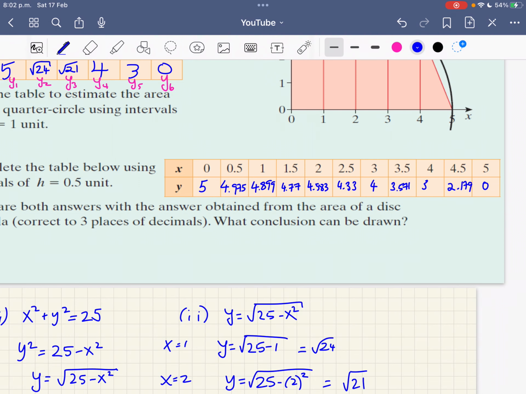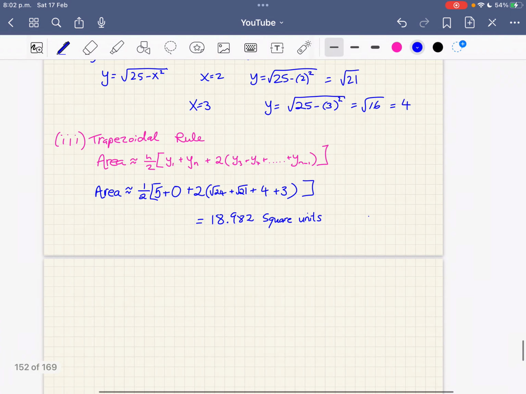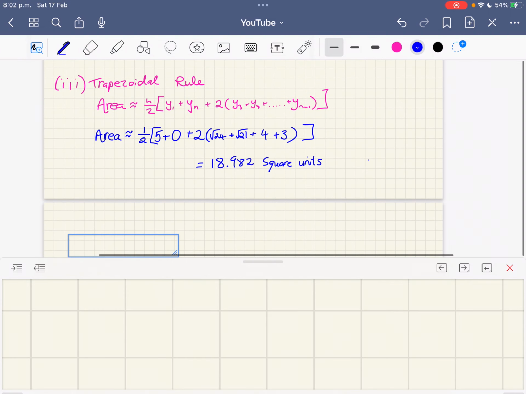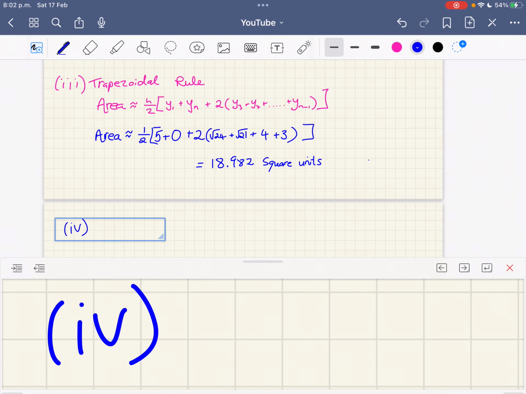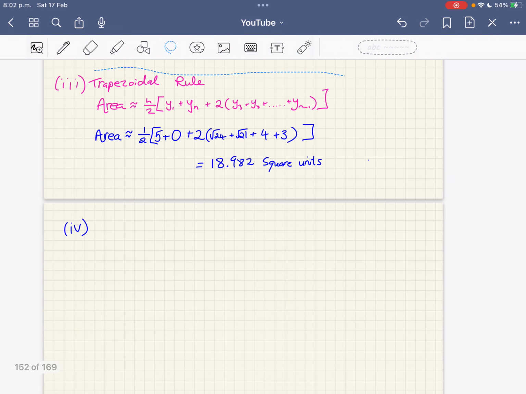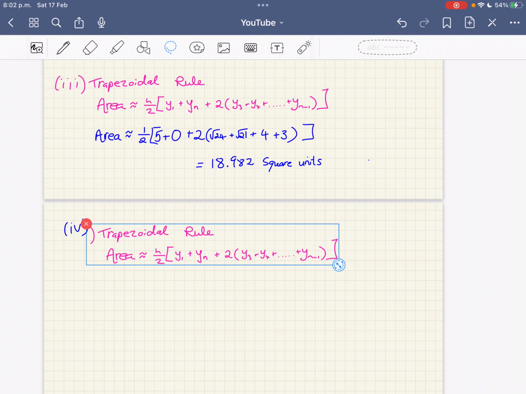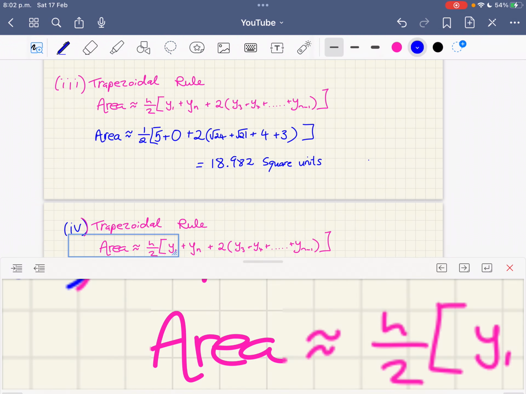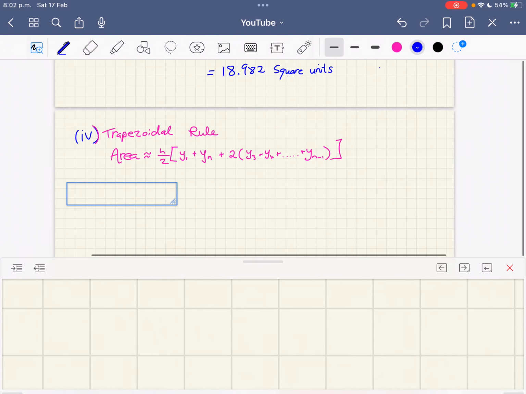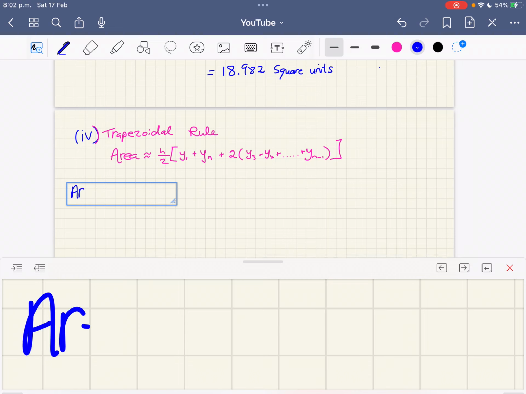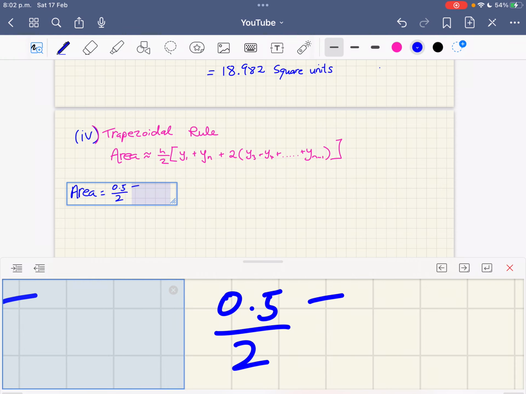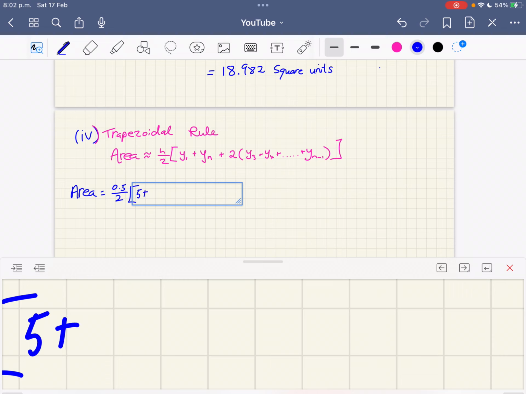So doing our trapezoidal rule again, part 4, again write out your rule from your log tables. There's your rule. This one is going to be a little bit longer because we have more points to add. So we have area is equal to 0.5 over 2. Y1 is 5. And our last point is 0.